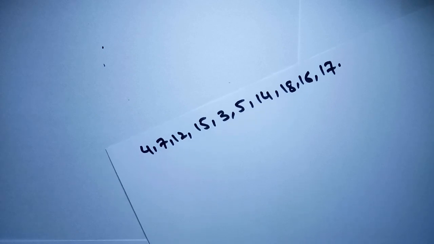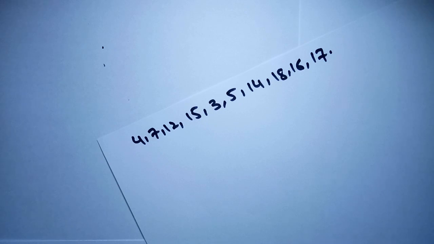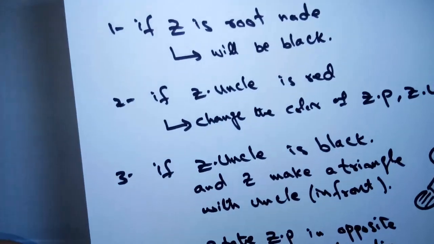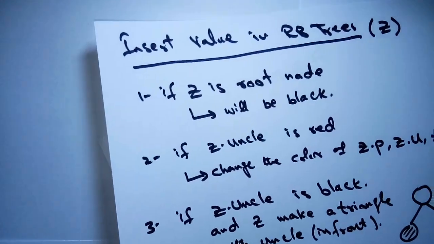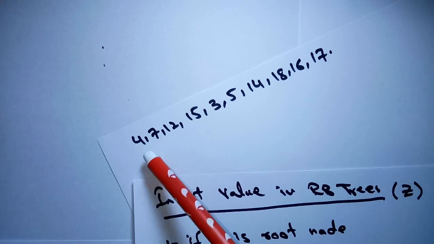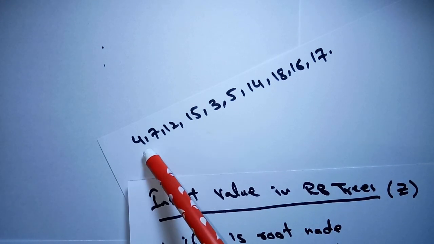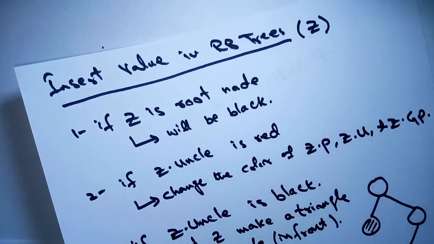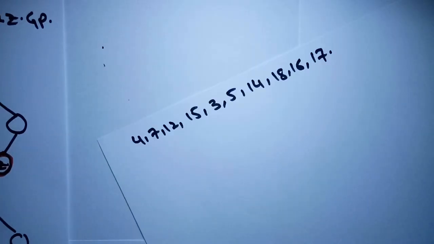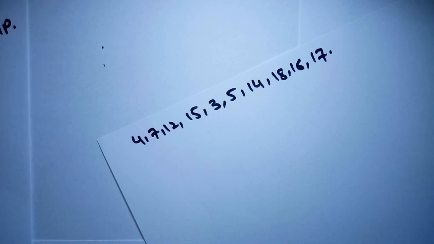So first of all, what will be done? Remember, take note of these rules because we will follow these rules very frequently now. After every insertion of a node, we will follow these rules in order to insert any node in this red black tree.